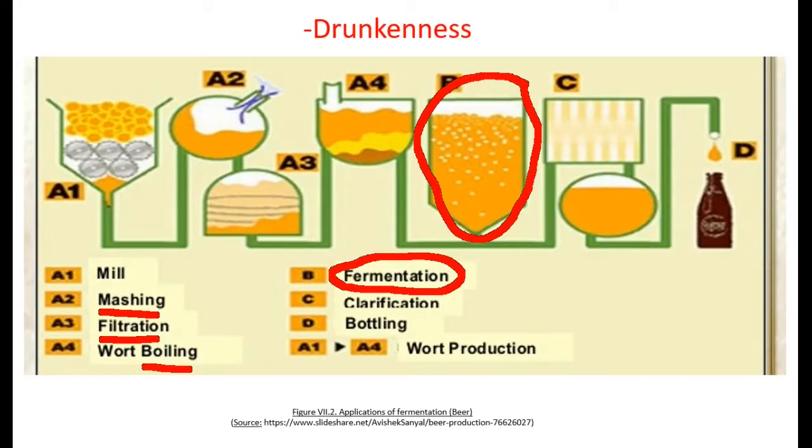Some people will be happy after drinking drinks with alcohol. And the second purpose is preservation. The fact that ethanol is present in the drink will kill off certain microorganisms.